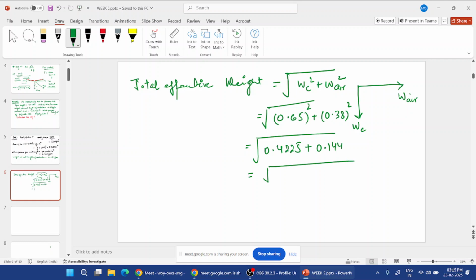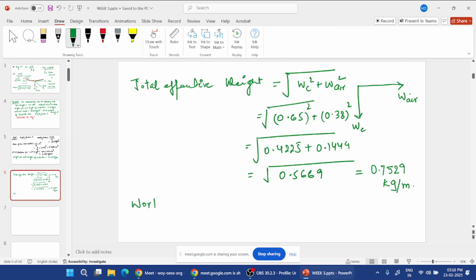So it will come out to be 0.5669. Let me calculate it for you. Under root 0.5669, it will come out to be 0.7529 kilogram per meter. So this is the total effective weight.